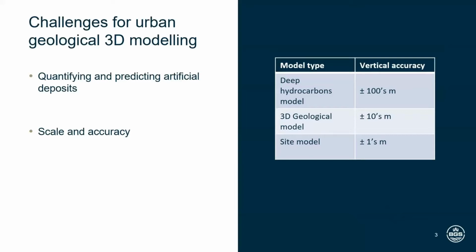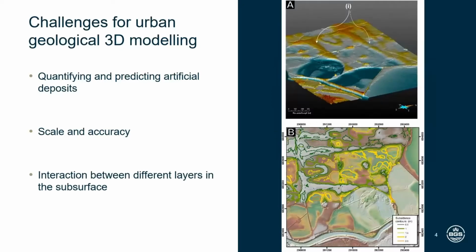We think of a traditional hydrocarbon model, an oil field model, that tends to have an accuracy of hundreds of meters, even though they're usually working down to 5 kilometers depths. A traditional regional survey model tends to have accuracies of about tens of meters, and that's our experience in the UK. But in that urban environment, you want to get to plus or minus meters of accuracy, or less if possible.